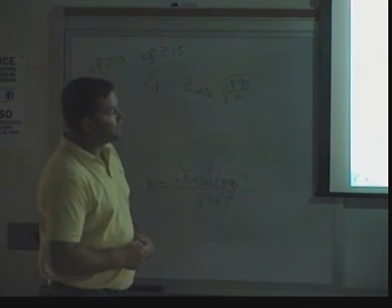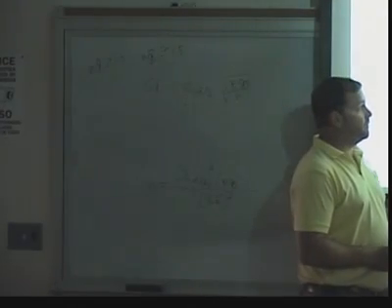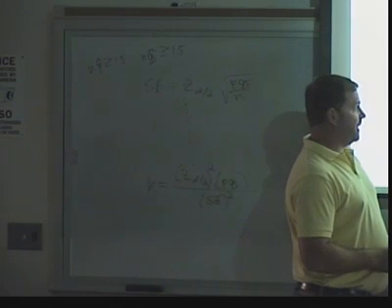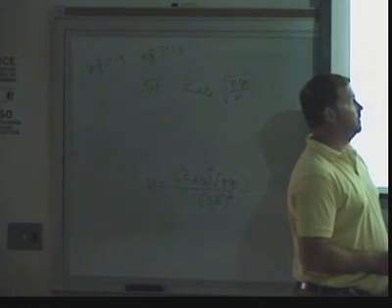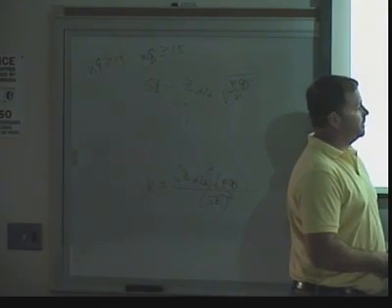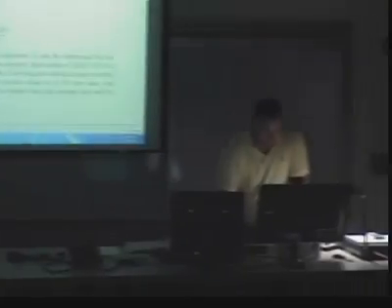So you can obtain conservatively large values of n by approximating P by 0.5 or values close to 0.5. In any case, you should round the value of n obtained upward. So no matter what it is, round it up to ensure that the sample size will be sufficient. Because you're better off adding one more observation than taking away one. Right?